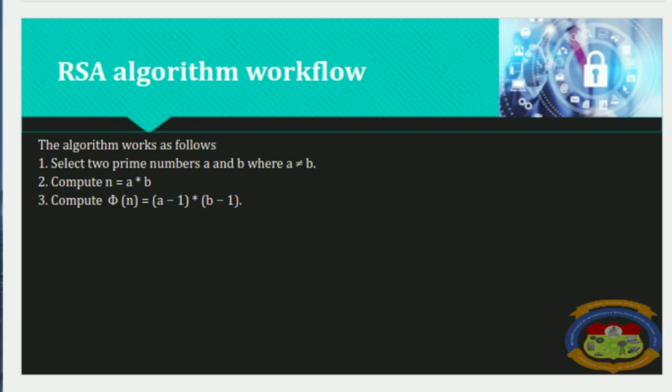As per the Carmichael function, we need to subtract 1 from each prime number to get the LCM, the lowest common multiple, which is the lowest number that A minus 1 and B minus 1 can be divided into.